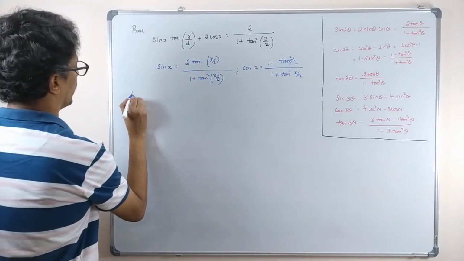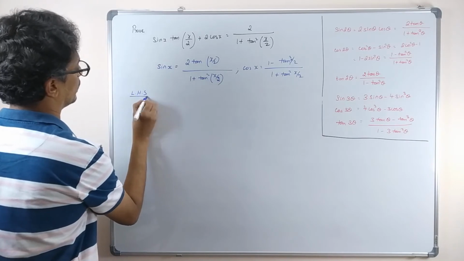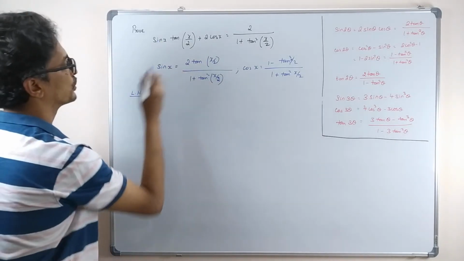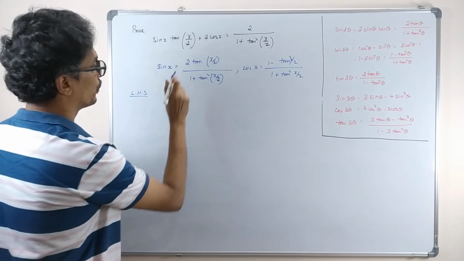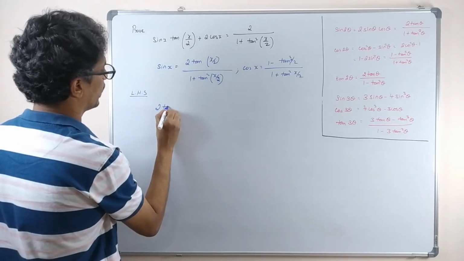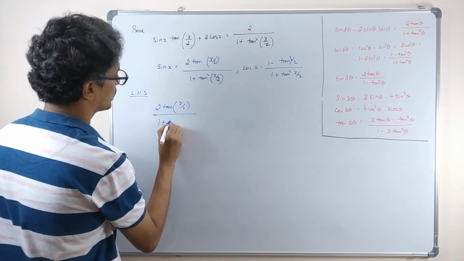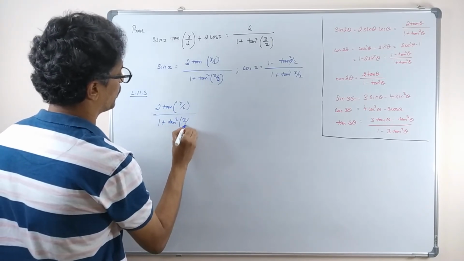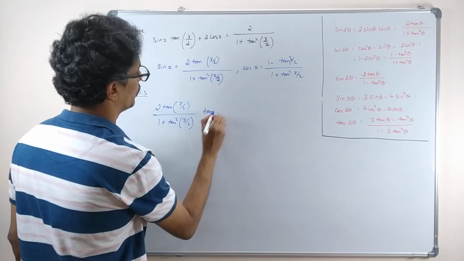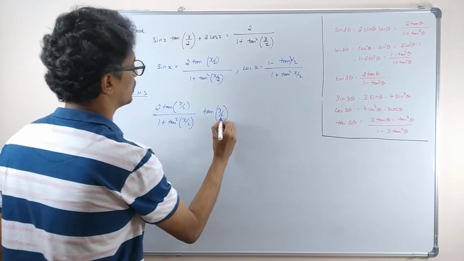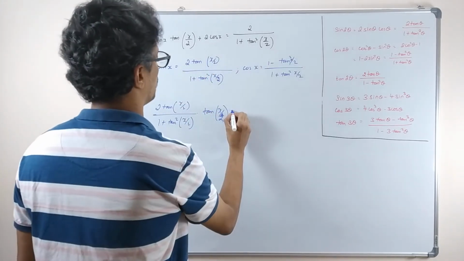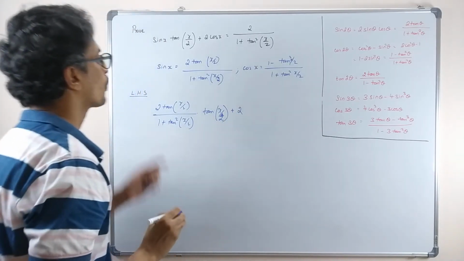So our LHS, sin x, I am going to substitute this one. Okay, so 2 times tan of x by 2 divided by 1 plus tan square x by 2 into tan of x by 2, plus twice cos x, right?